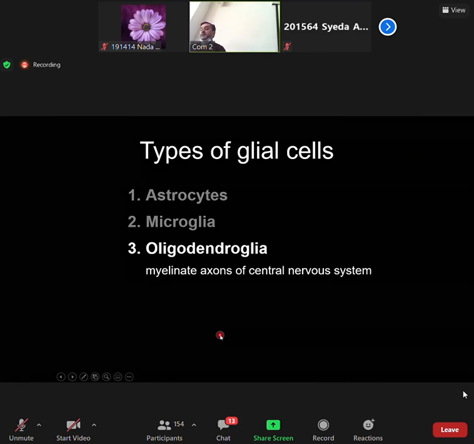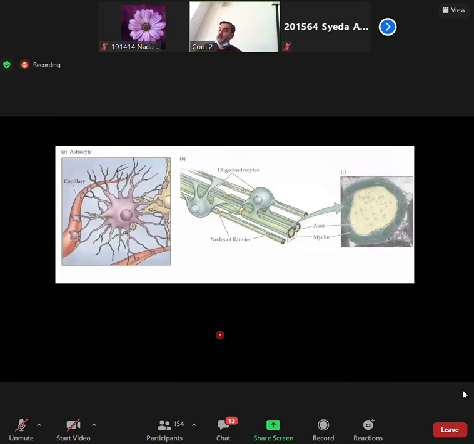Oligodendroglia, they are important in terms of myelination of the axons of the central nervous system. You can see that each oligodendroglia has multiple processes, and these multiple processes are myelinating different axons, different parts of axons of different neurons.